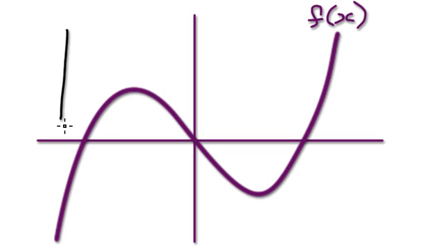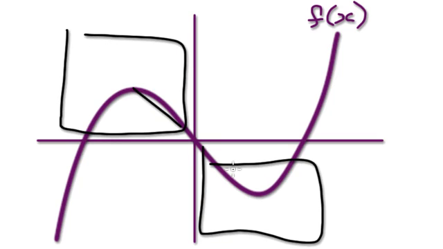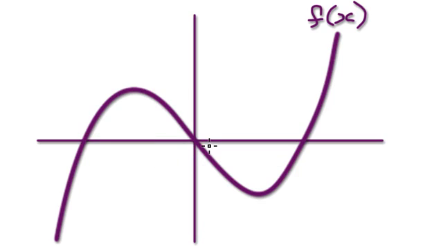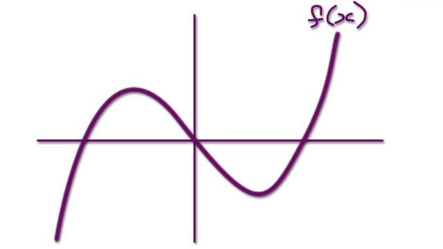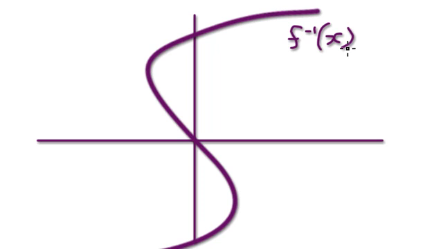When you reflect this, this quadrant gets mapped to over here. So this one is going to do something like this, and this one, when you reflect it along the diagonal line, is going to look something like this. So this here is actually the inverse. Just take my word for it.